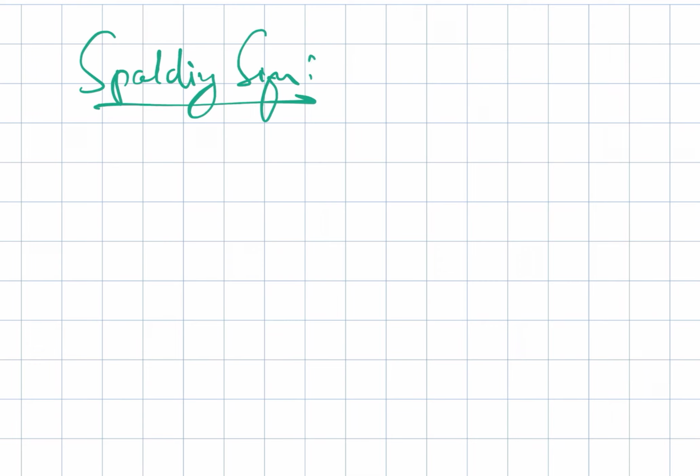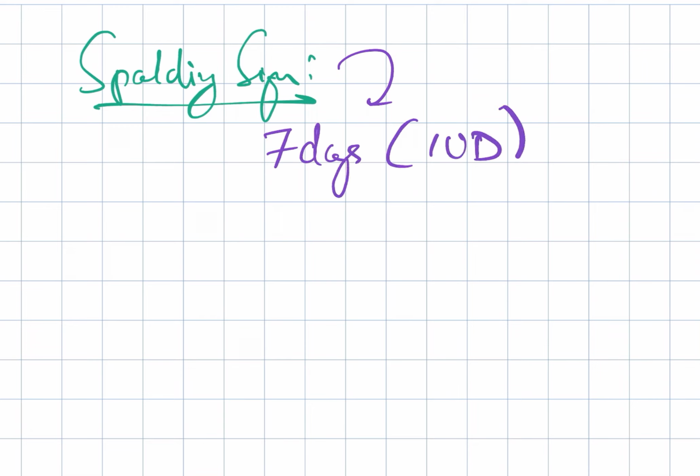Next, the Spalding sign. It appears after 7 days of intrauterine death.